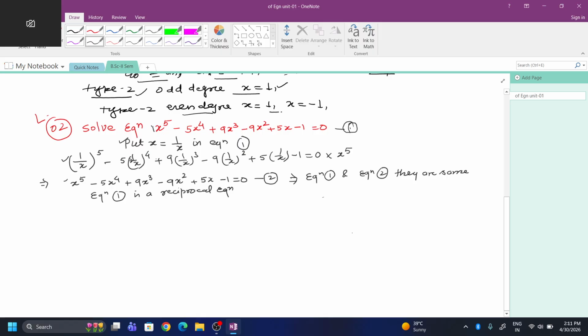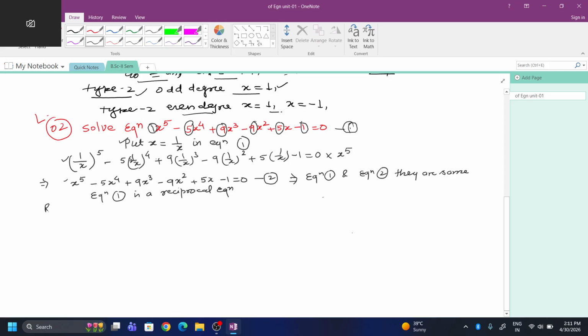So how we can identify the type of the reciprocal equation? The coefficient of x to the power 5 is 1. Coefficient of the last term is 1, but they are opposite. Similarly, coefficient of x to the power 4 is 5. Coefficient of x is 5, but they are opposite sign. Similarly, 9 and minus 9, they are opposite sign.